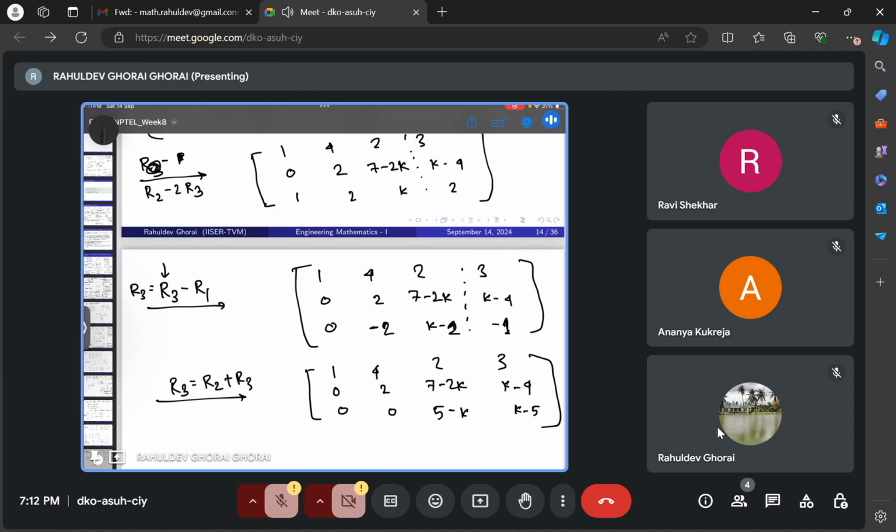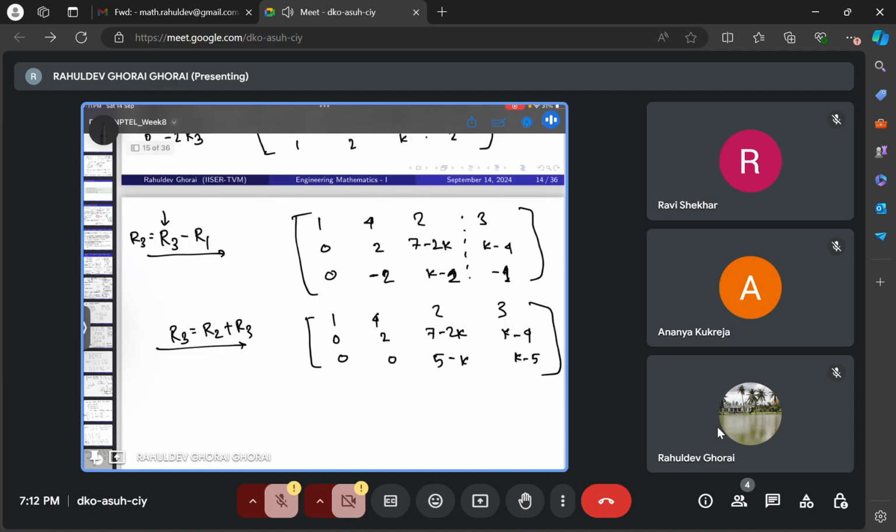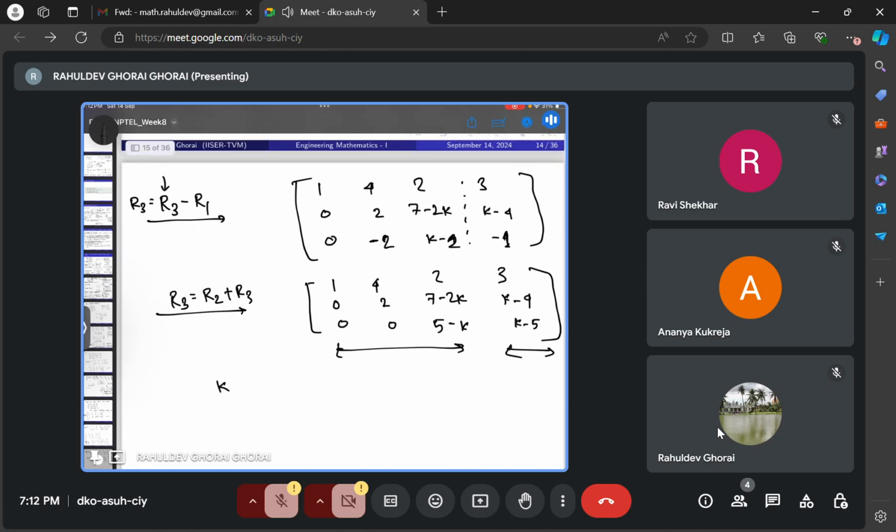Now, what has to happen if it has infinitely many solutions? The rank of this quantity and the rank of this have to be the same, right? When k is equal to 5, the ranks are the same, right? Also when k is not equal to 5, the ranks are the same.